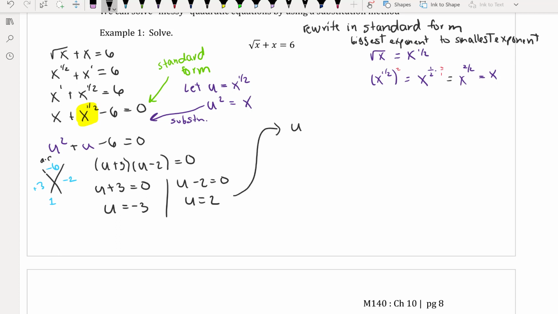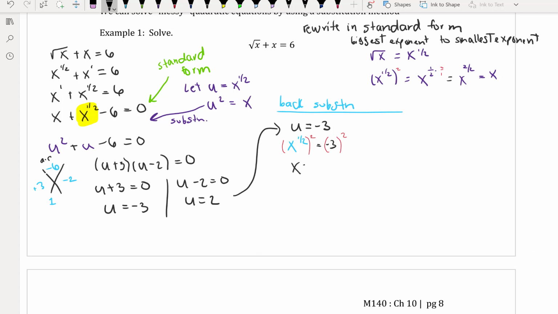Since I have that u is equal to negative 3, now what I have to do is a back substitution. When I do my back substitution, remember that u really equaled x to the 1/2. So if I want to get the x by itself, if I square it, it gets rid of the 1/2.